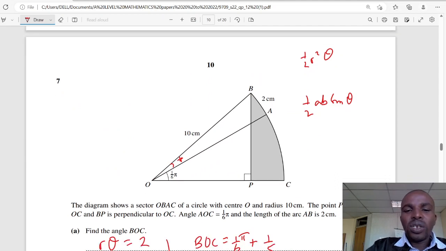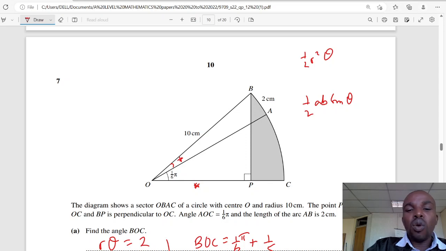For the triangle, you can't find the area at the moment. You have to find one of the sides, and then you can use half AB sine theta. You can check the triangle is a right angle triangle.